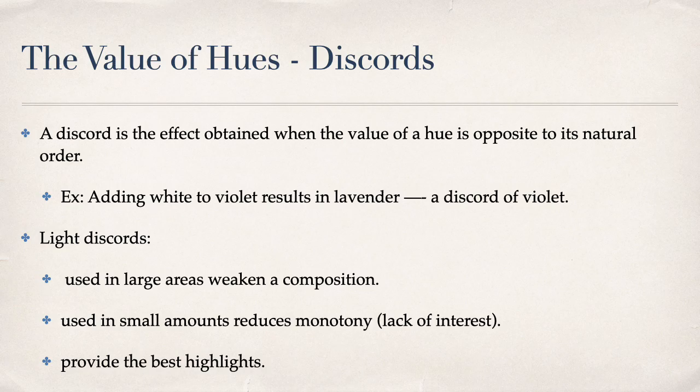For highlights, the discord chosen should be based on the primary color that is closest to the object that will feature the highlight. For example, on an orange, the highlight used would not be pale orange, but rather a very pale red.